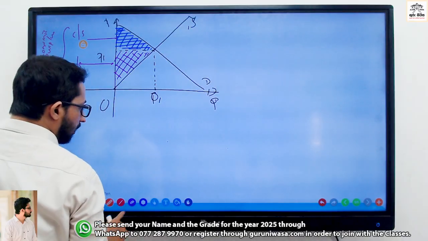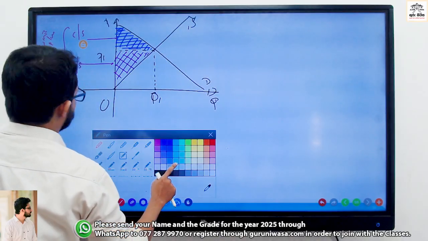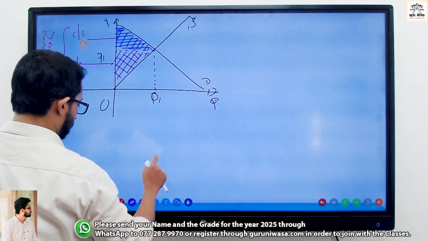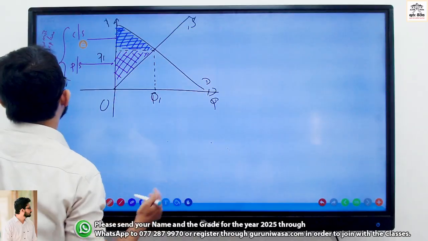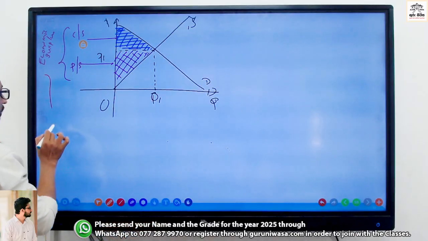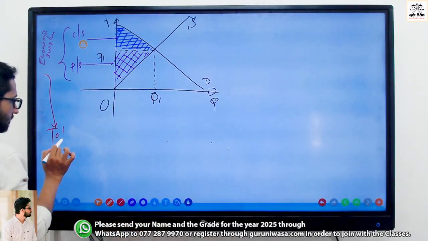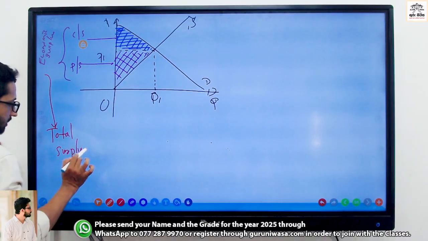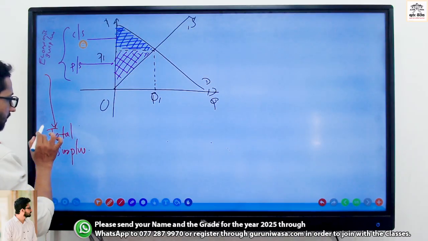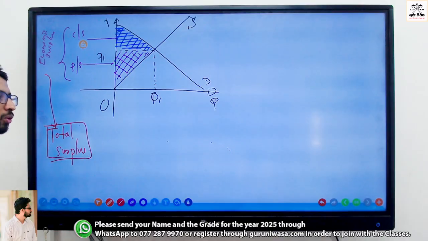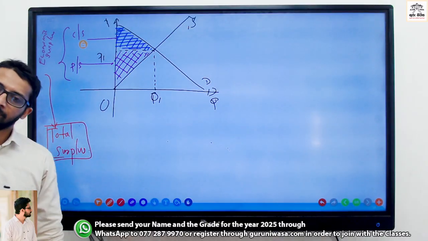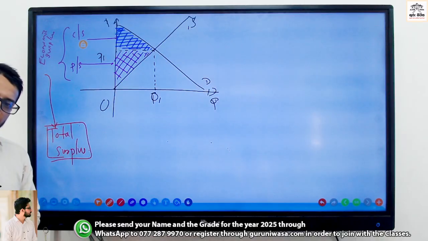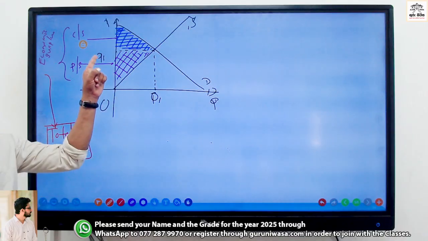Son, who creates this total surplus? Why do consumers and producers get benefit? Because of equilibrium, children. Because of equilibrium.